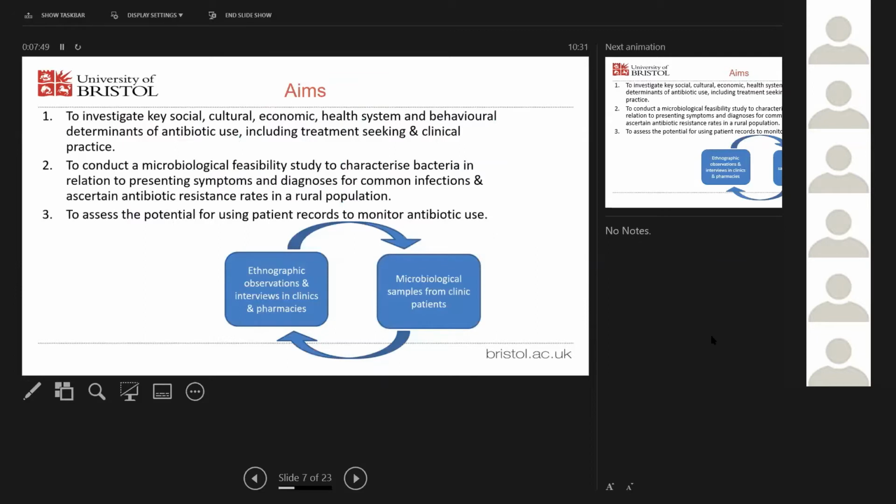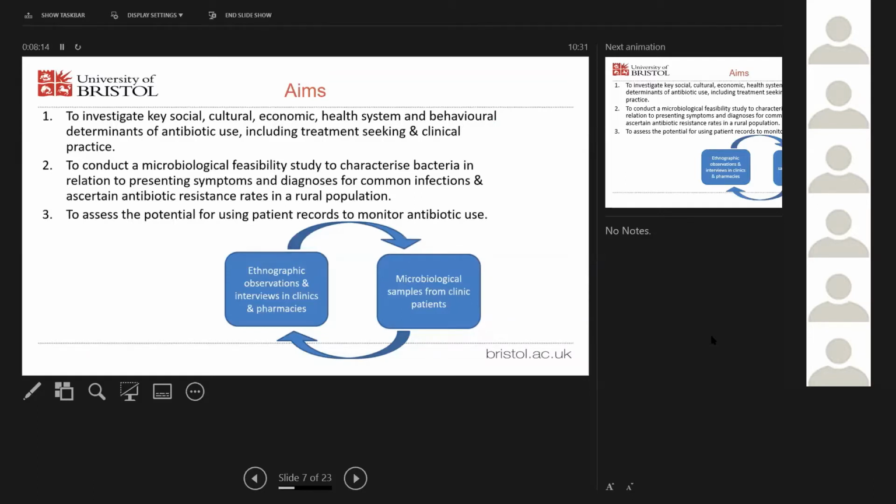So what we wanted to do in this project was to investigate these 3 primary aims: the key drivers of antibiotic use, including treatment seeking and clinical practice, but those drivers being a very broad range of social, cultural, health system, economic, behavioural determinants.